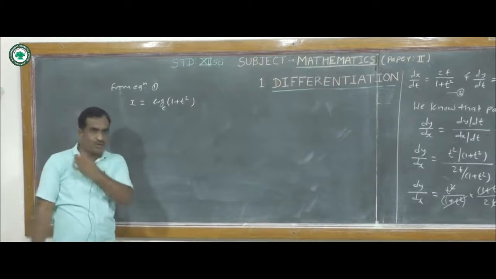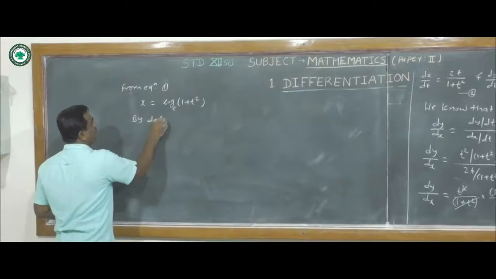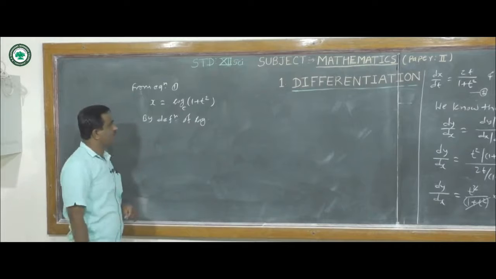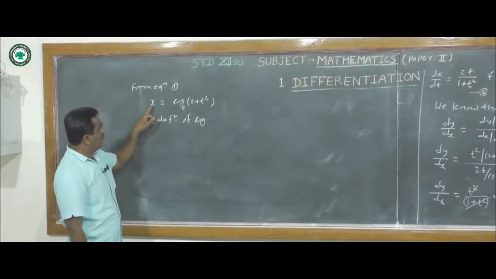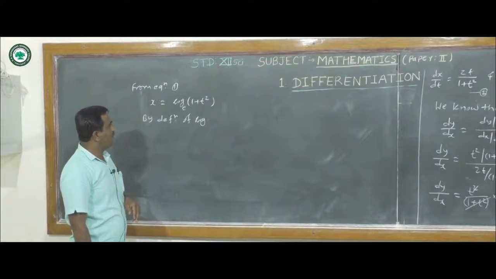Now by definition of logarithm, we can write x is equal to log of (1 plus t square) to the base e.